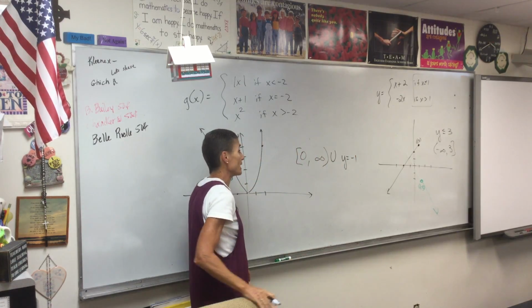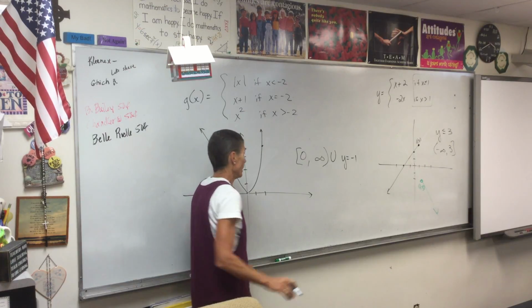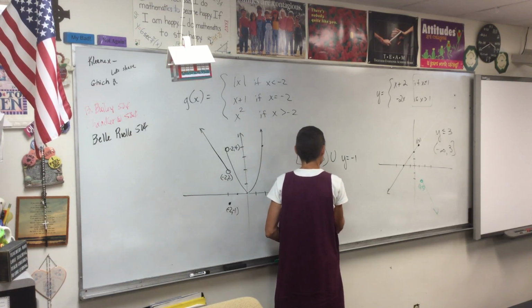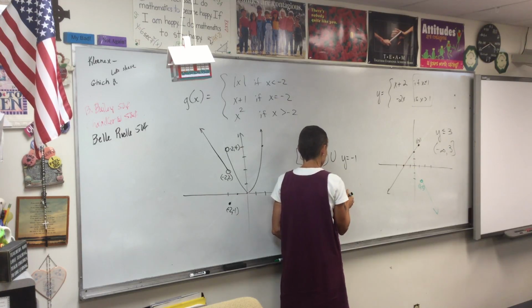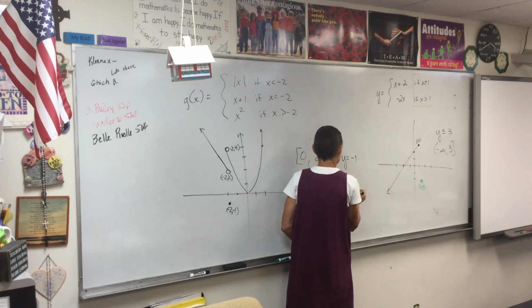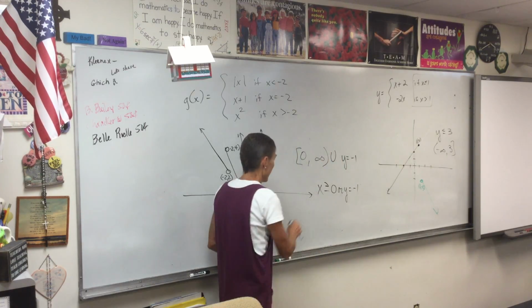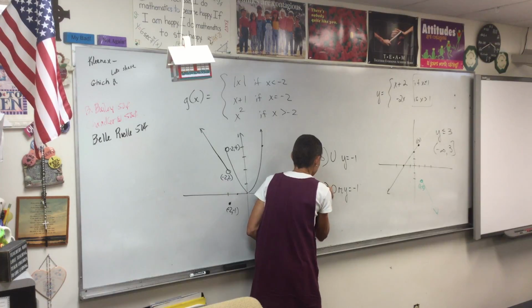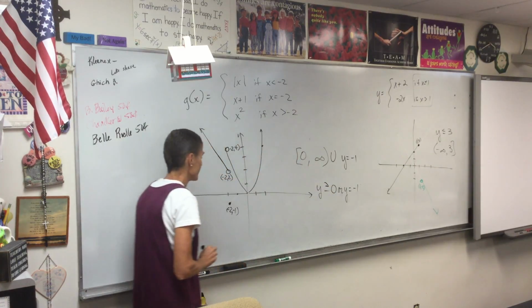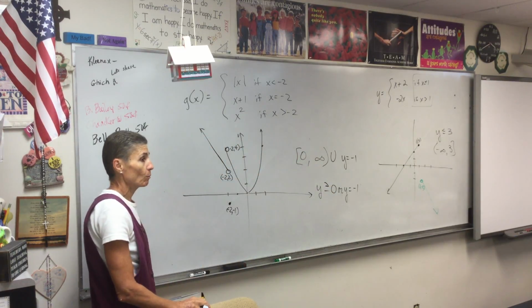Yeah, set notation would work. Usually when we put interval notation, there are two numbers in there. So maybe we'll just write it this way: {(x, y) | y is greater than or equal to 0, or y equals -1}. That would be your range.